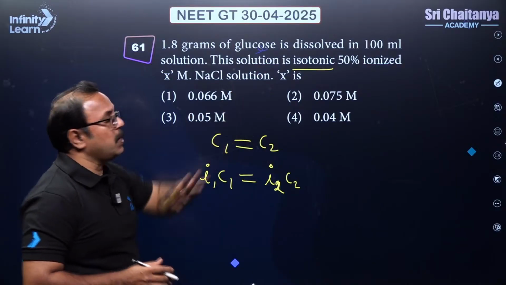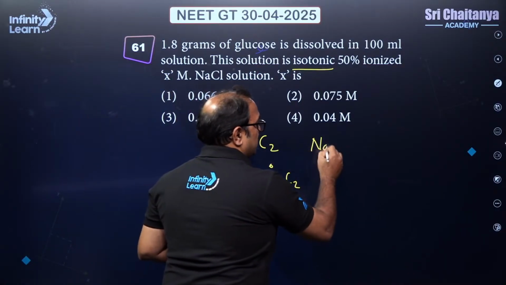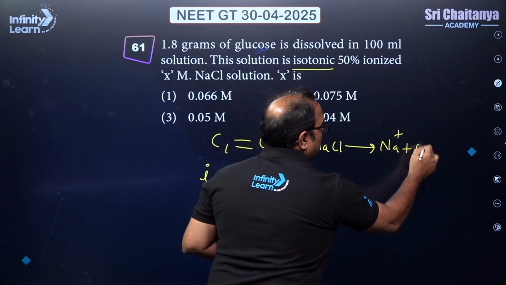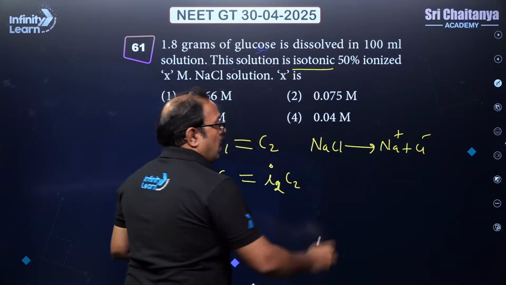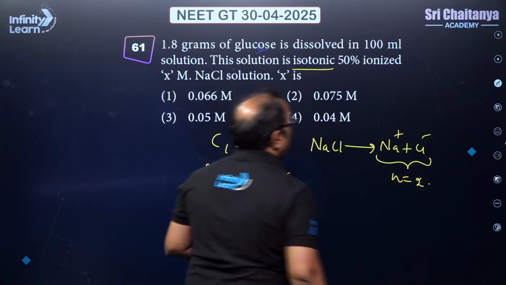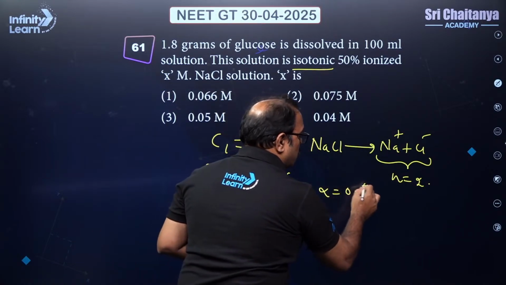The i factor we have to find out for NaCl. We know that NaCl undergoes dissociation, resulting in the formation of Na plus and Cl minus. The number of particles we are getting in this case, n value, is equal to 2. And he is saying 50% dissociation. So what is the alpha value? Alpha value is 0.5.